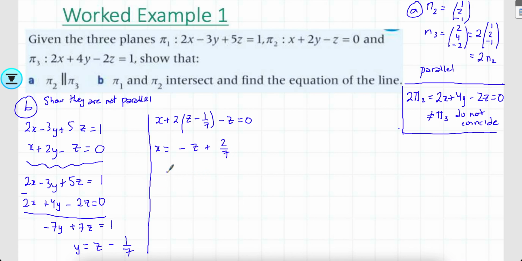Now, what we did so far is that x is, let me put the numbers first, you'll know why, 2 over 7 minus z. y is negative 1 over 7 plus z, and z is just z. And this is what we got to.